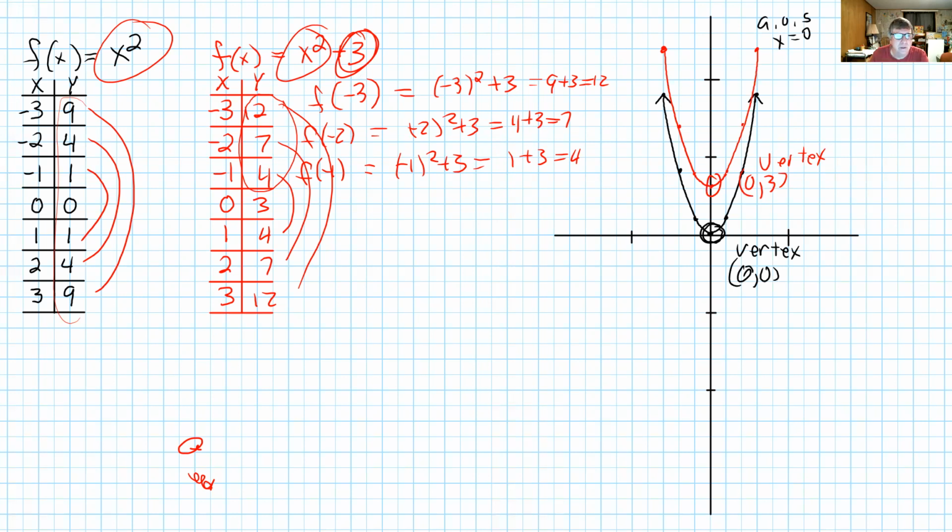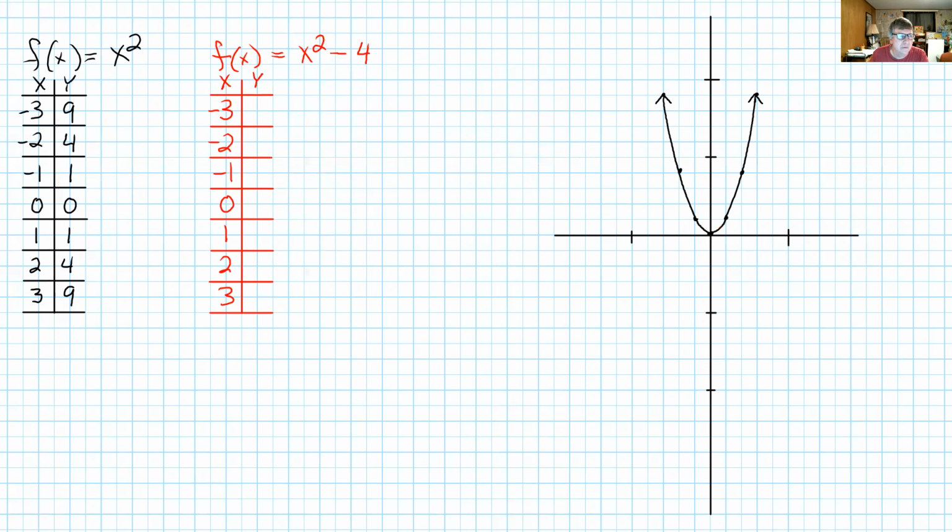Okay, now let's take a look at this graph. F of x equals x squared is already drawn. F of x equals x squared minus 4. So how are these values going to compare to those values?